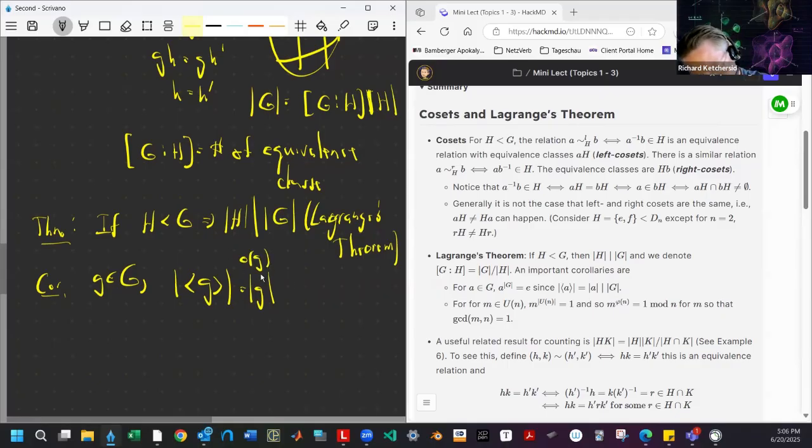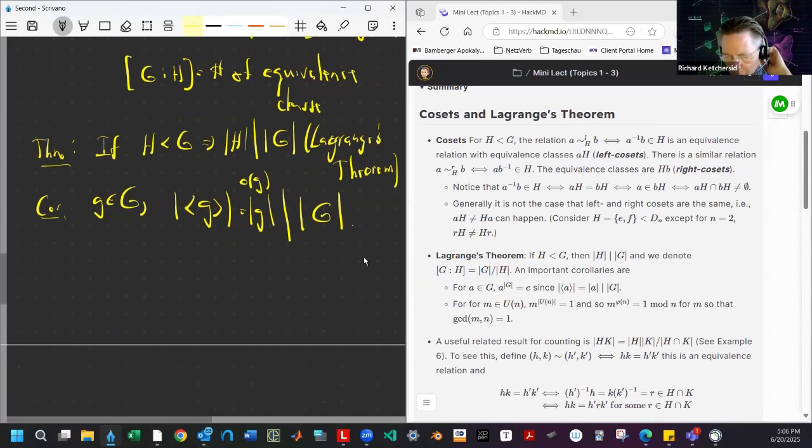I think your book uses this, but I'm not completely sure. This will divide the size of G, assuming G is a finite group. I guess if G is an infinite group, that's true too, but you've got to think about what it means to divide an infinite number.